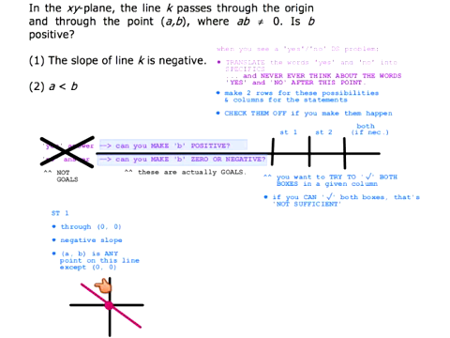But can you make B positive? Yeah, you can. There it is. B positive. Can you make B negative? Yeah, of course you can. So there it is. Boom.